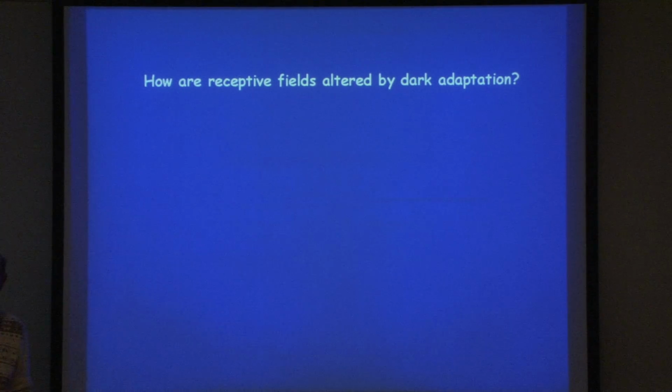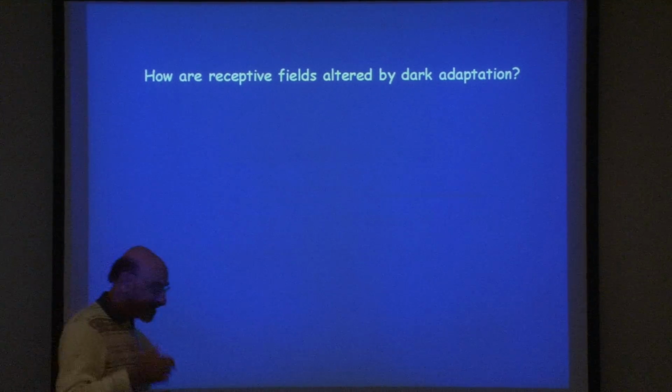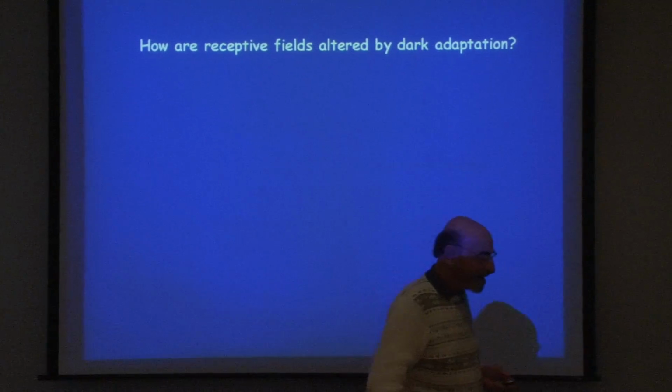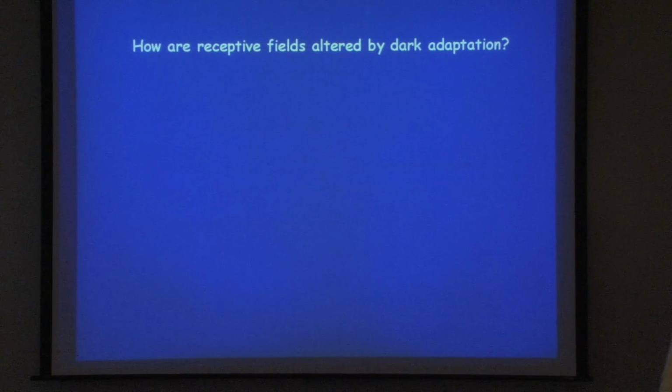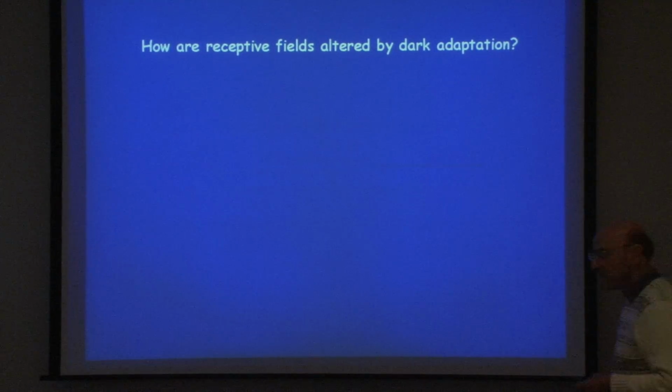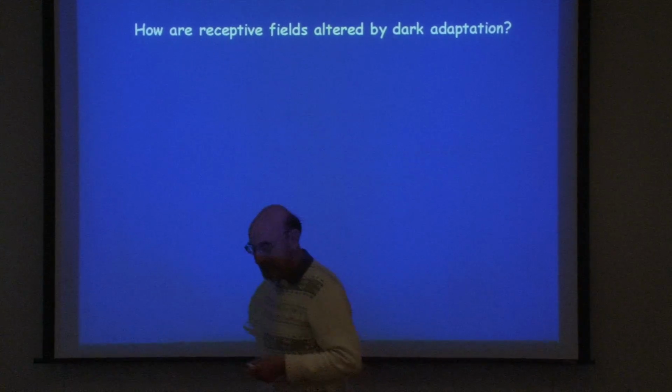And what happens is that the receptive fields become larger. Now this, initially discovered by Barlow in England, was negated by the other individuals saying, you just got scattering of light, that's why it's larger. So it was kind of dismissed, but in the end, it turned out he was right, as we shall see.